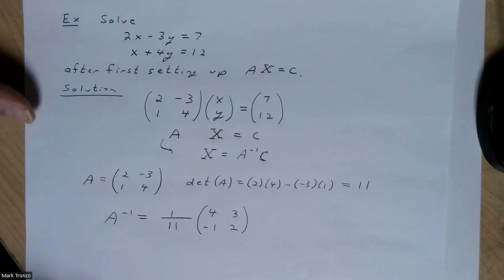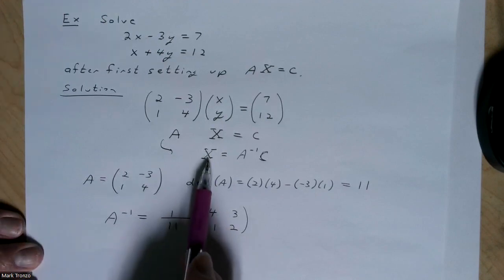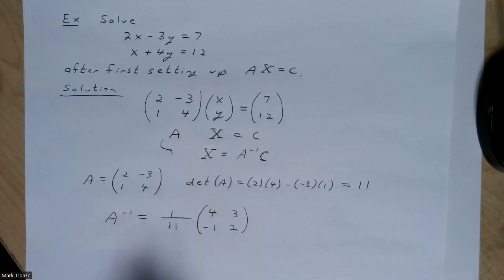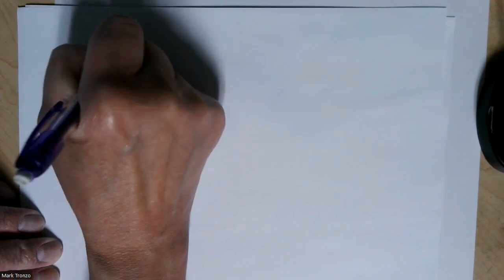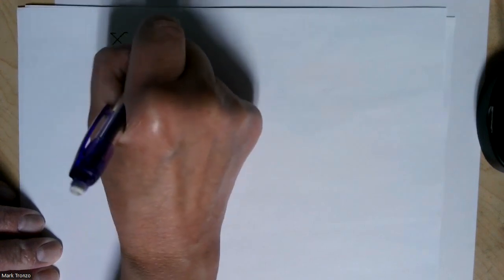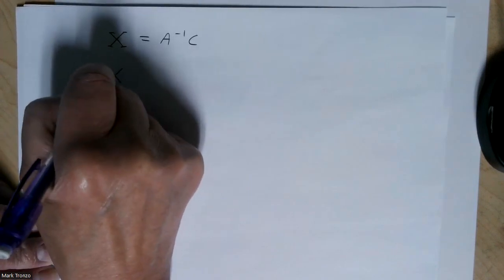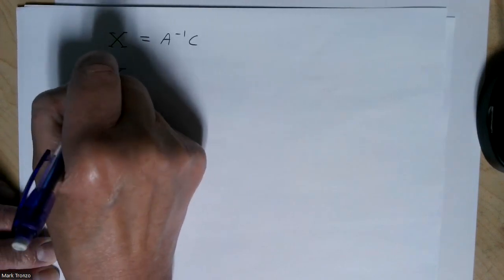So again, let's solve for x by using what we have here. X is equal to A inverse C in our case. And let me write what x actually is.